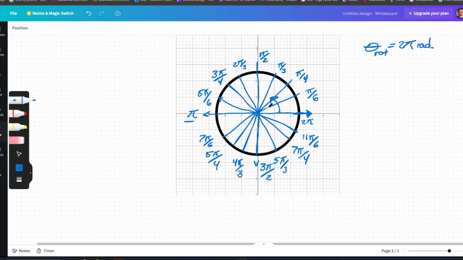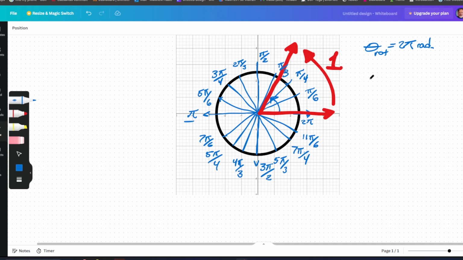But don't let that make you forget that if we want 1 radian, it's about there. That is 1. And ideally, we can even see that. You remember that pi over 3 that's there? What's pi over 3?